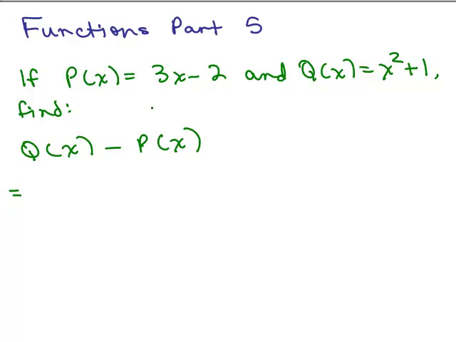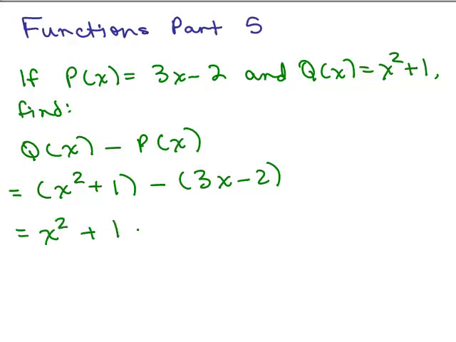Well, q of x is x squared plus 1 minus, I need to put this in parentheses, p of x is 3x minus 2. And now we do our regular old algebra, x squared plus 1. Now I have to remember to distribute my minus sign, minus 3x plus 2.